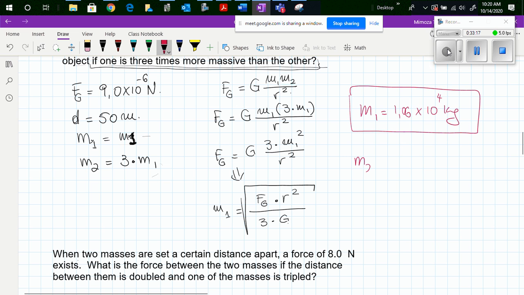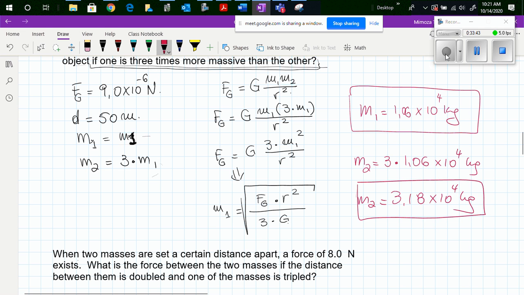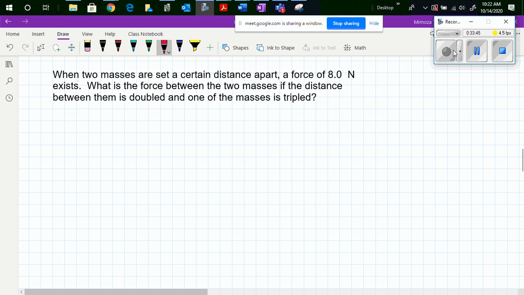And then mass 2, being 3 times more massive than mass 1, will be 3 times 1.06 times 10 to the power of 4 kilograms, which is equal to 3.18 times 10 to the power of 4 kilograms. Do you have this answer?